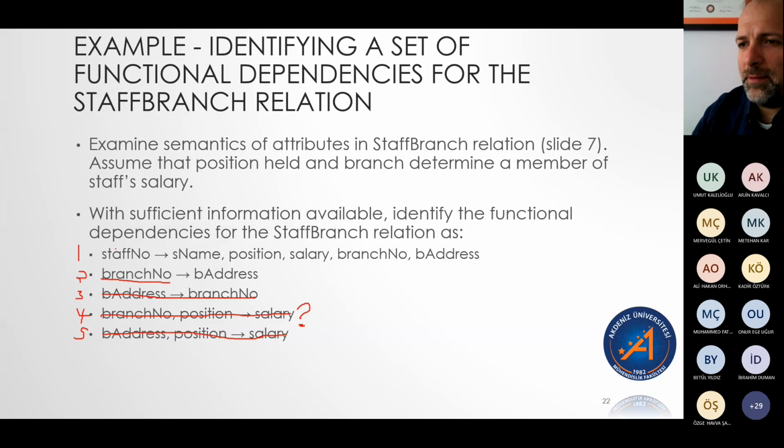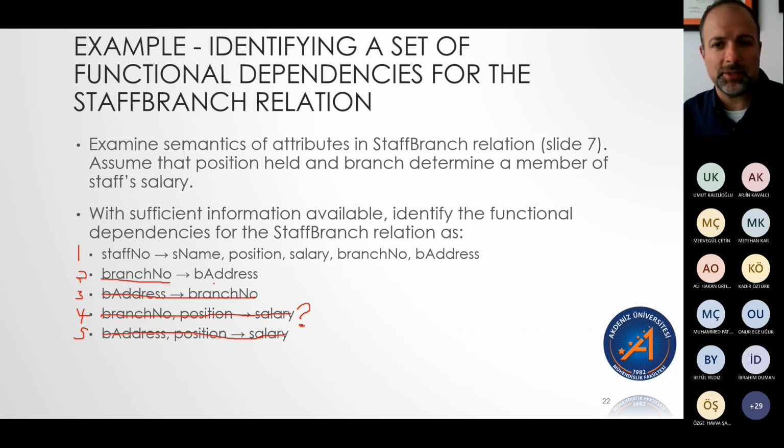So this is true for all time where staff number determines everything, and branch number determines branch address, with branch number to branch address being what we called a transitive dependency.